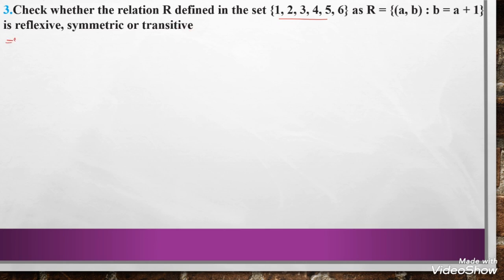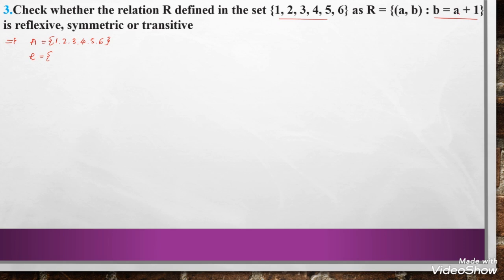The first condition, before that I will take the set. Let A be a set containing the elements 1, 2, 3, 4, 5, 6. And based on the elements, I will write the relation. So directly I will substitute the values here.